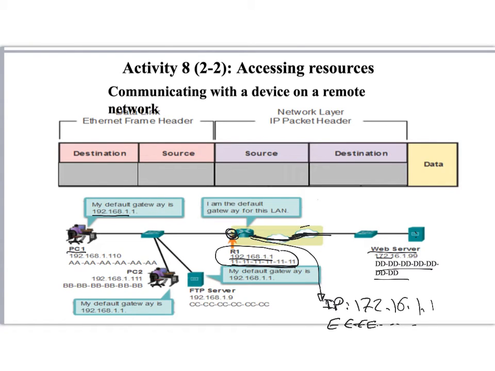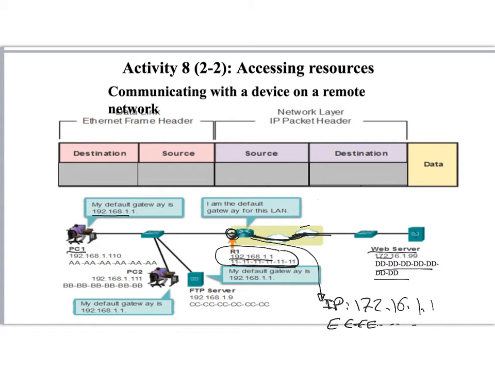Okay, you'll ask me, how would I get this physical address? Well, when PC1 first starts, if you try to start any laptop and on the command line write ipconfig, we all know ipconfig, huh? Simple command, ipconfig. You will see that your machine will have an IP address, which is already known, right?